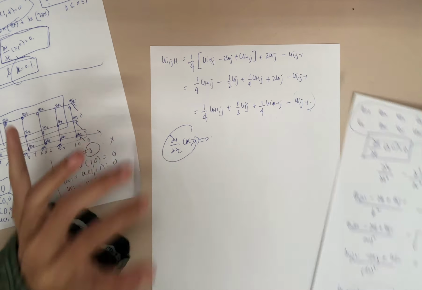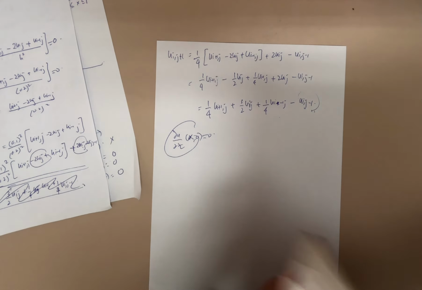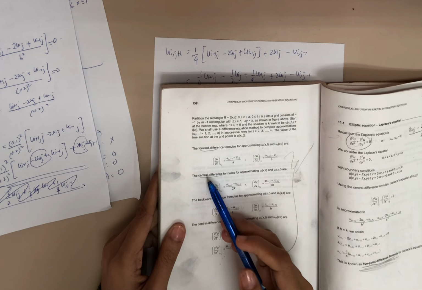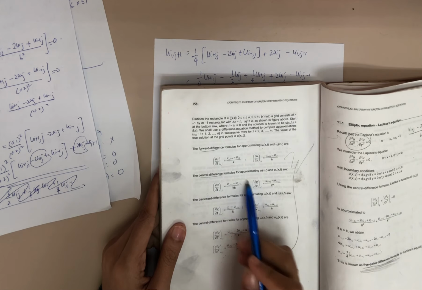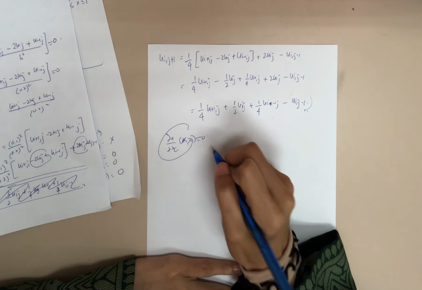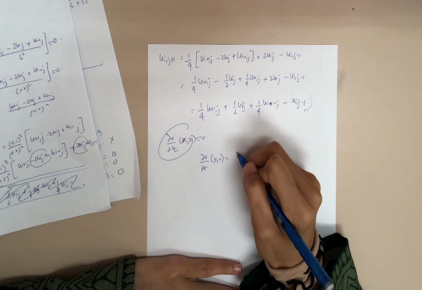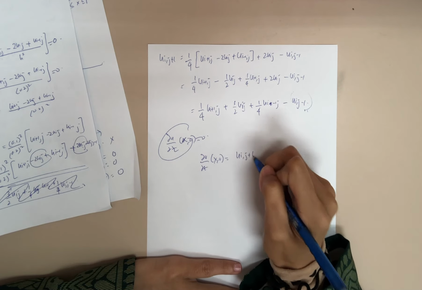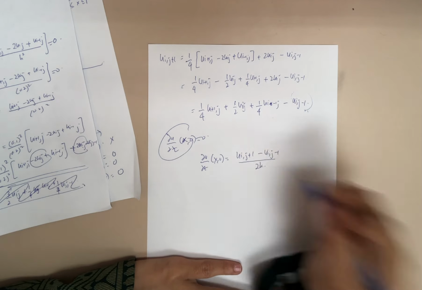Let me show it again. We have forward, backward, central. So you use central for du/dt here. So du/dt at 0 is equal to u_{i,j+1} minus u_{i,j-1} over 2k.